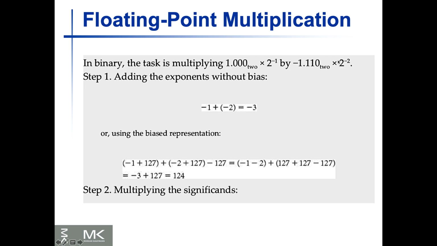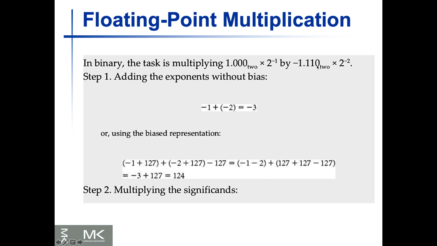So you have a minus 2 and a minus 1 here, so you're going to come up with minus 3. Then you use the bias representation. It was single precision, so 127. Your minus 3 plus that would be 124. So up to now you completed step 1.